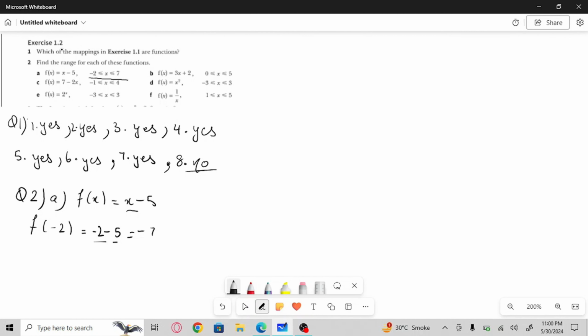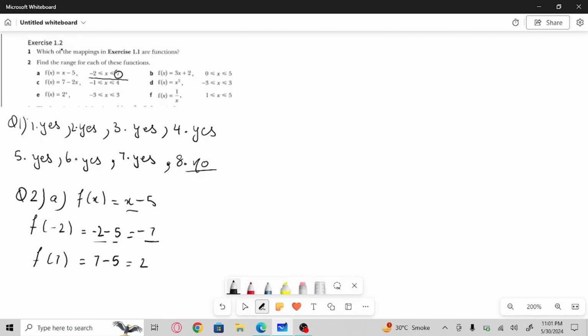And again, we will now add the highest value we have of x. So it will be 7. If we input the value of x to be 7 in the function, we get 7 minus 5, which will be equal to 2. So now if we set it up, we are going to see which is the minimum value.